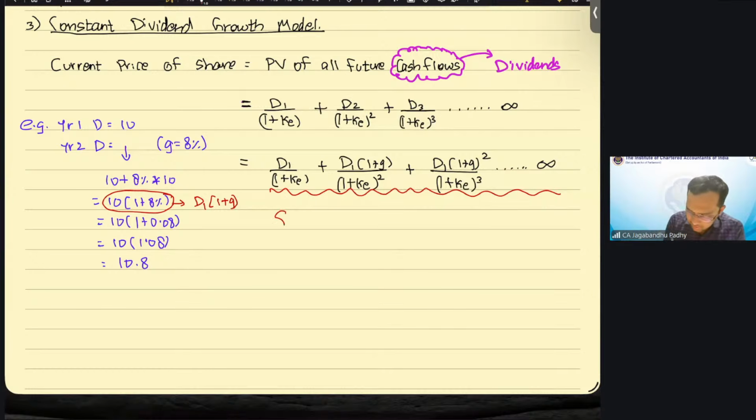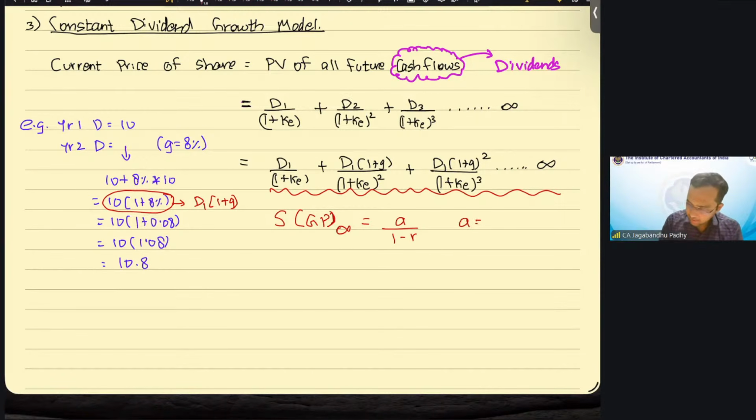So what is the summation of a GP till infinity? Does anyone remember the formula for the summation of a GP series till infinity? The formula was A upon 1 minus R. Correct?